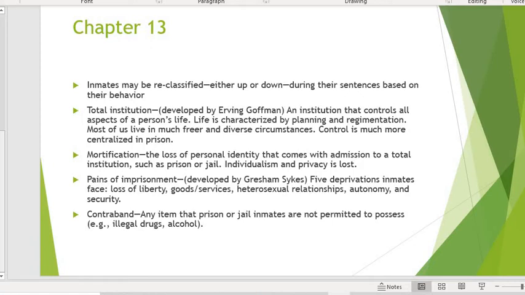Contraband is another term: any item that prison or jail inmates are not permitted to possess, such as illegal drugs, alcohol, and often cigarettes. These get passed around in prisons, either because somebody sneaks them into the facility, or you get homemade alcohol made within the prison walls. Prisoners are often very ingenious and come up with a lot of things you would never think of, because for one thing, they have a lot of time on their hands, and you get some creative individuals coming up with things like homemade alcohol.